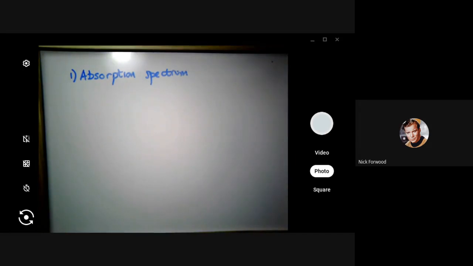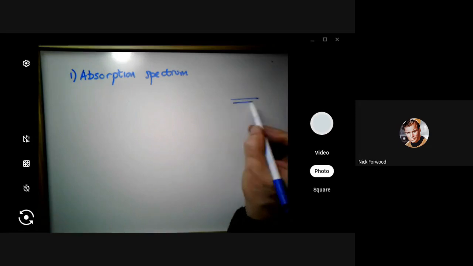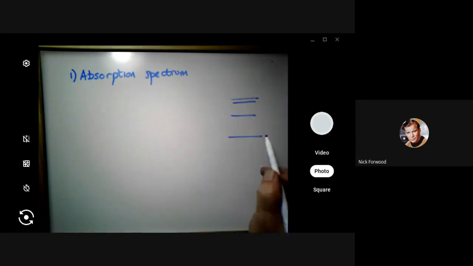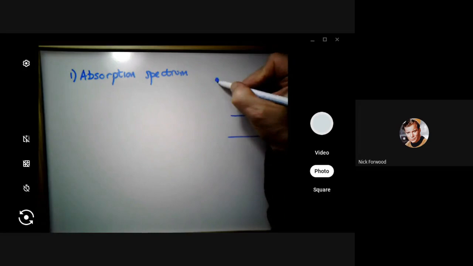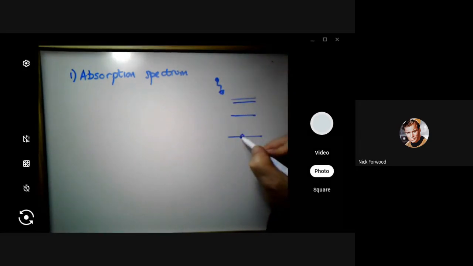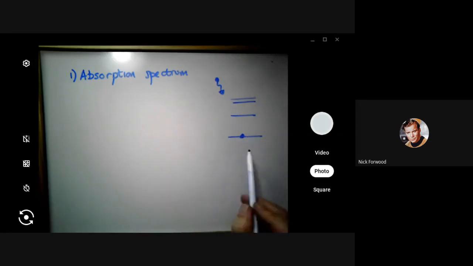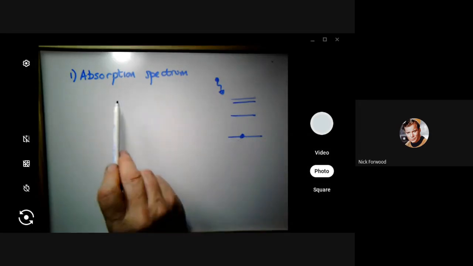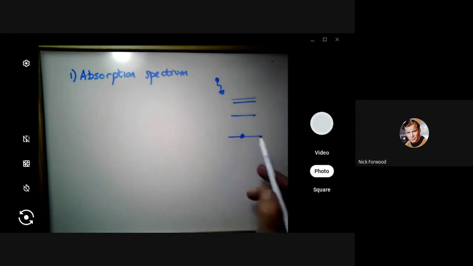Okay, so what happens in something called an absorption spectrum is that energy is absorbed. And if we go back to our Bohr model, if I've got some incoming energy from a photon, an electron might be down here, and the electron will absorb the energy of the photon, and that will make the electron go up an energy level. So what is an absorption spectrum?